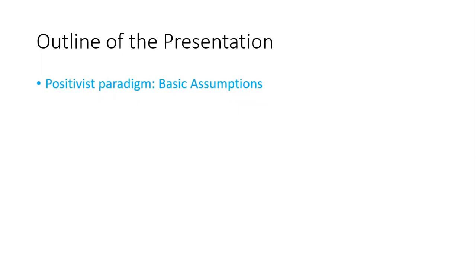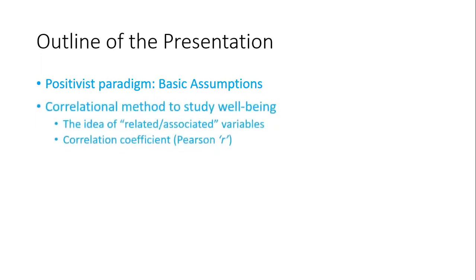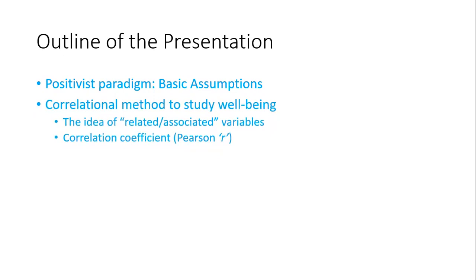Well, we are going to begin with a revision of the basic assumptions of the natural science or the positivist paradigm. And then we'll try to look at the very idea behind the correlational method, which is that of relatedness or association of various kinds of variables pertaining to well-being.